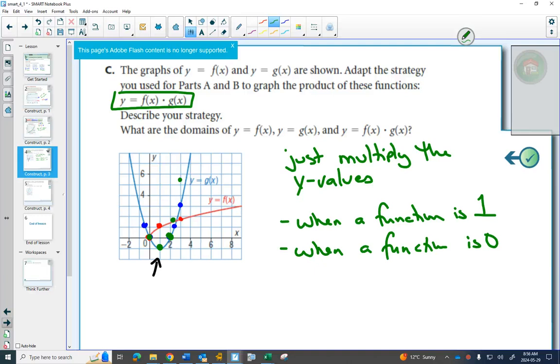And by multiplying a bunch of y values, we get an idea of what our graph is. But unlike the adding and subtracting, this is a little bit more complicated.